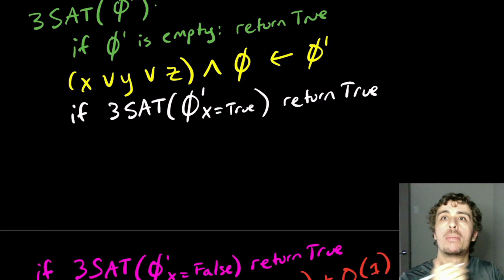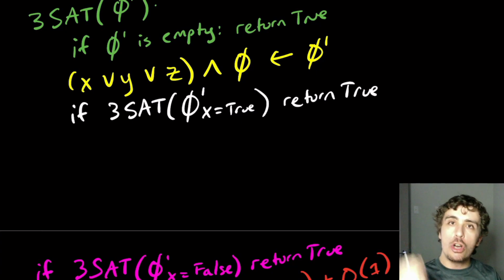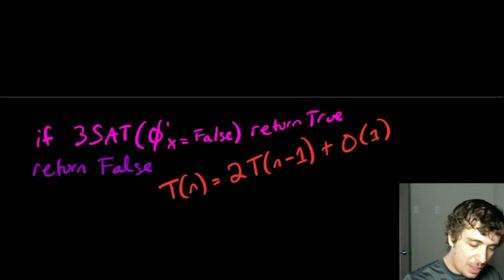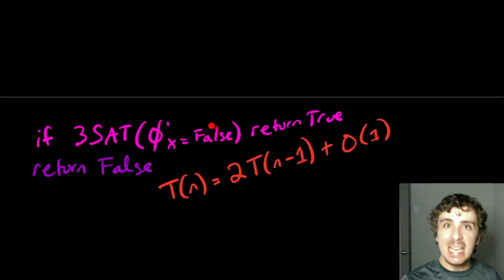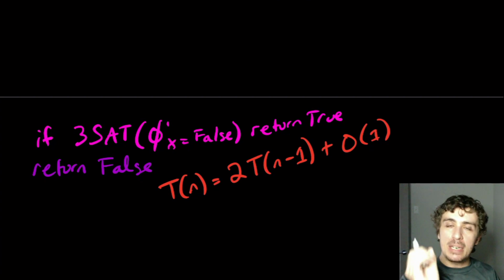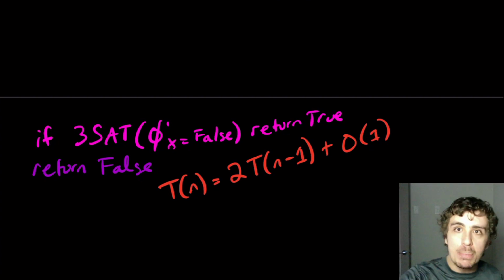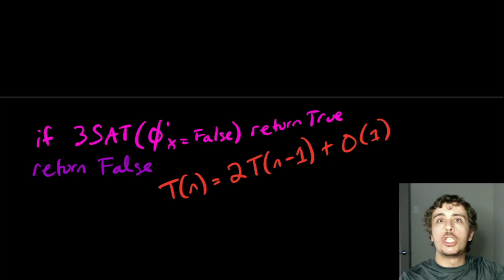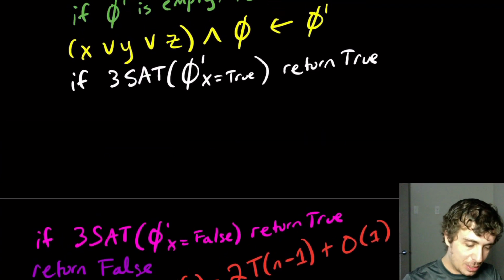Because there's no other possible value. So there's no point in doing this right here, because if it is satisfiable, we already know that x has to be false at that point. So instead of focusing on x, which has to be false, let's move on to another value and work with that.